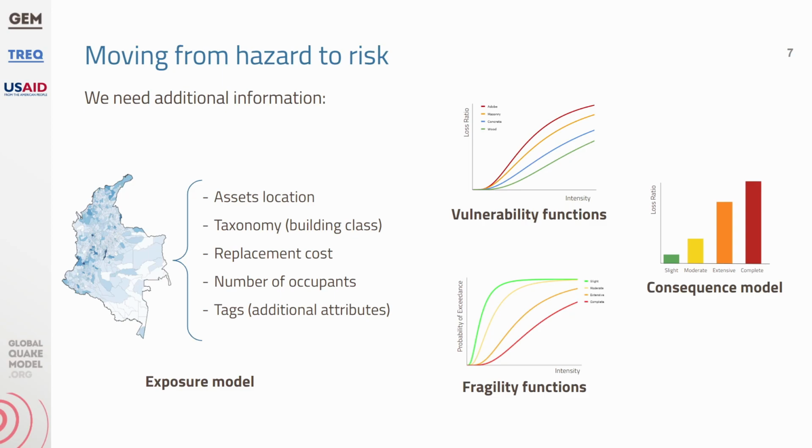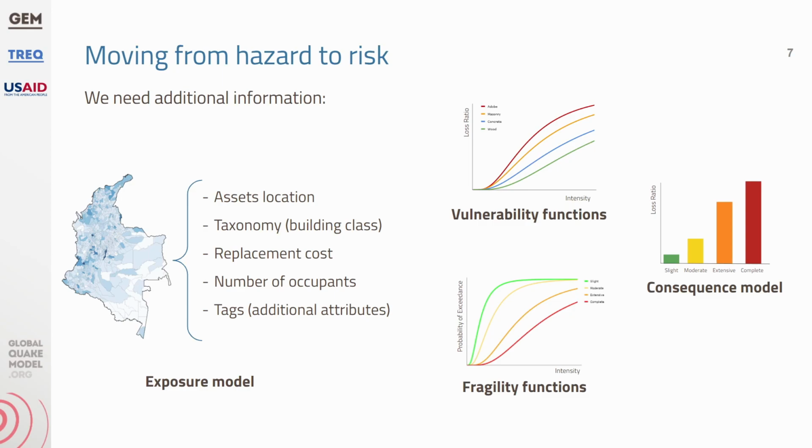So we have also seen that loss ratios represent the loss as a proportion of the exposed value, which could be, for example, the replacement cost or the economic cost of a building structure, but it can also represent the loss of the occupants in that structure.